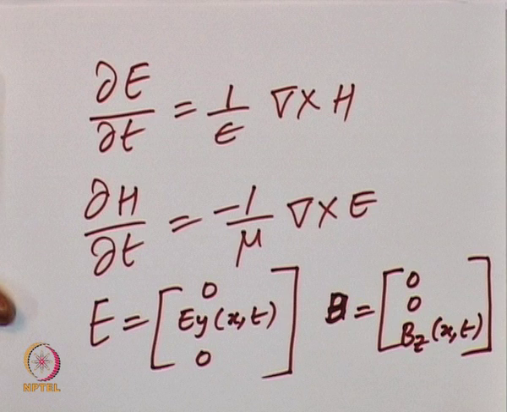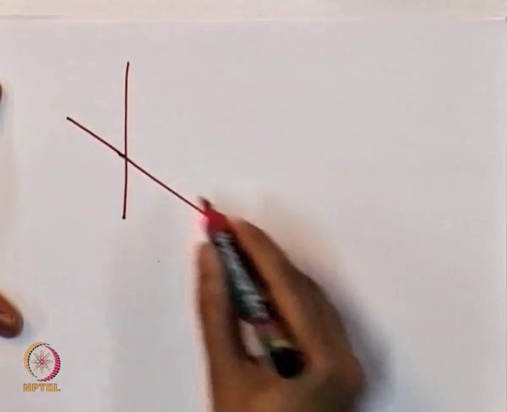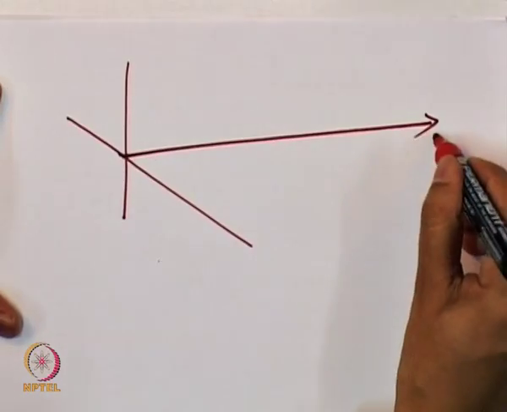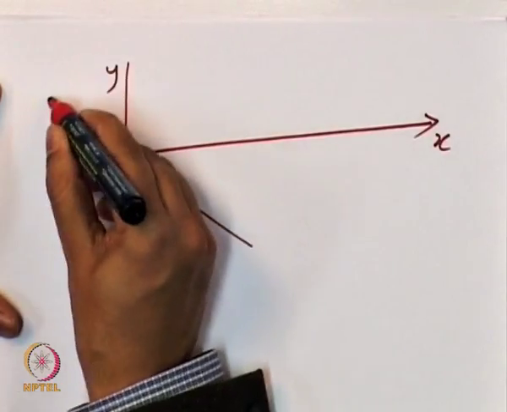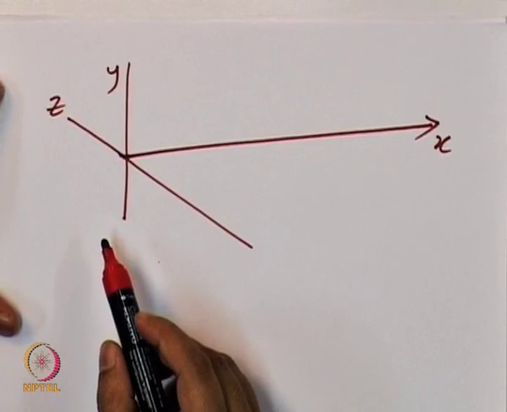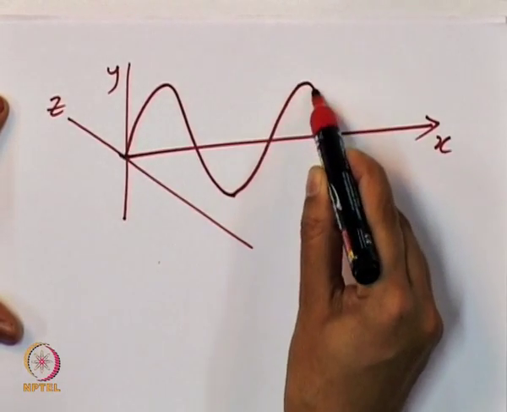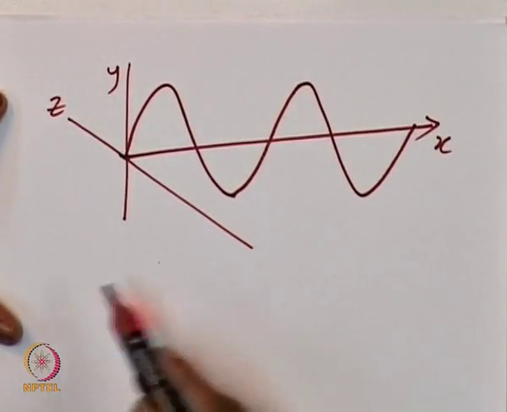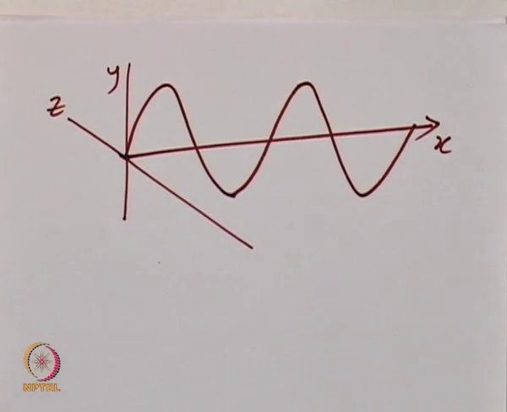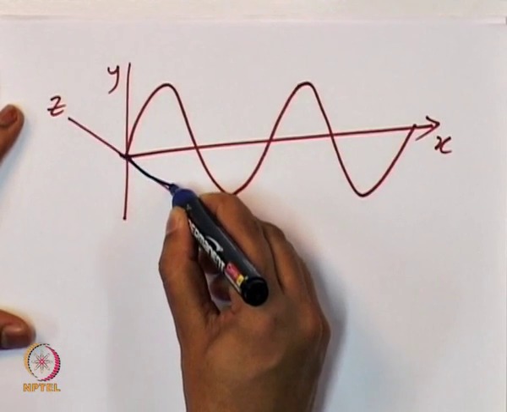So what we are going to talk about is the case where the values are changing. Let's say this is the z axis, and this is the x axis, this is the y axis and then z axis. What we are talking about is the E field is only along the y direction and it is going along x, and we have the B field which has only component along the z direction and it is also travelling along the x.